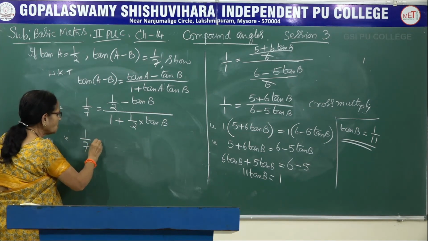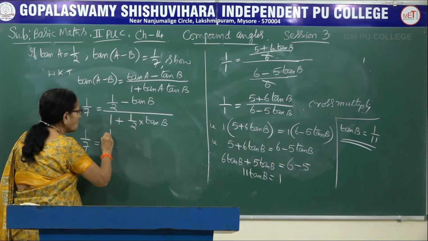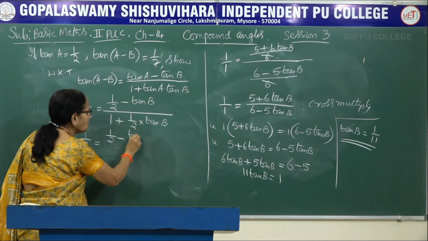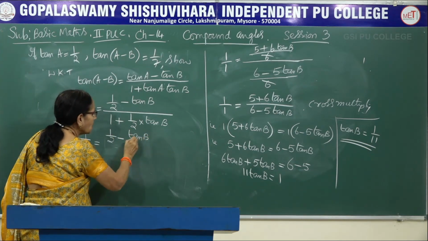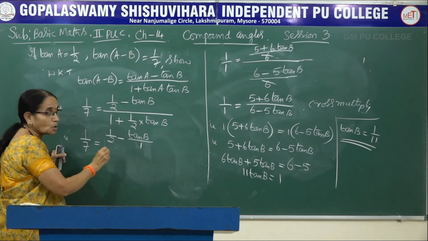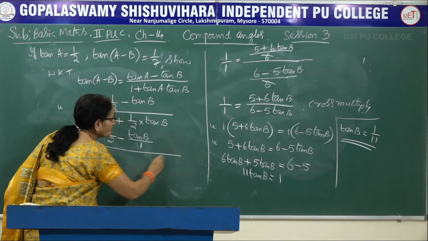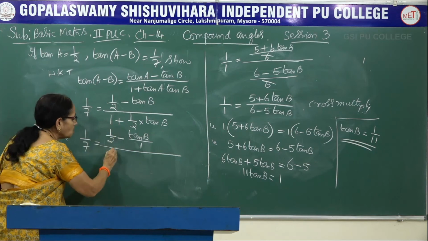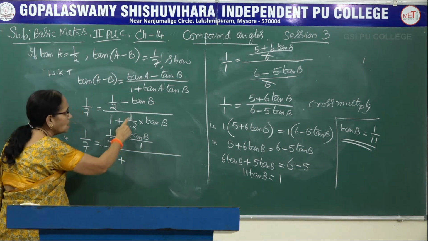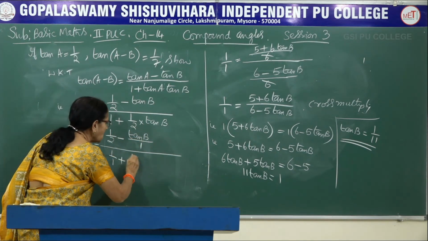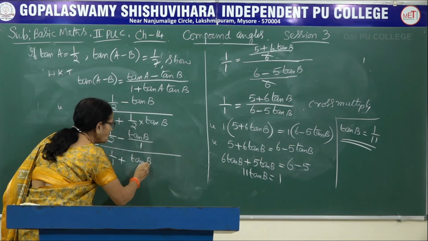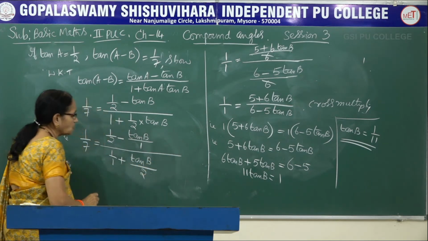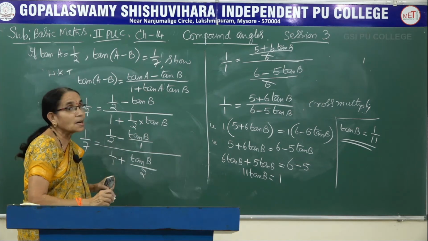It is 1 by 7 equal to 1 by 2 minus tan B by 1, so that you can easily take the LCM. Here 1 you write as 1 by 1, and 1 by 2 into tan B, write it as tan B divided by 2, so that the idea becomes clear here.